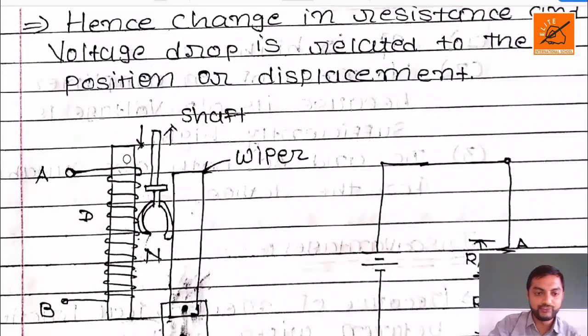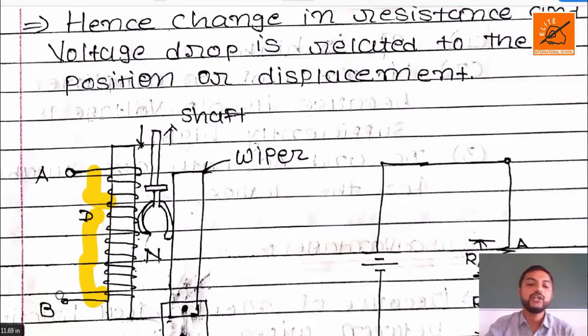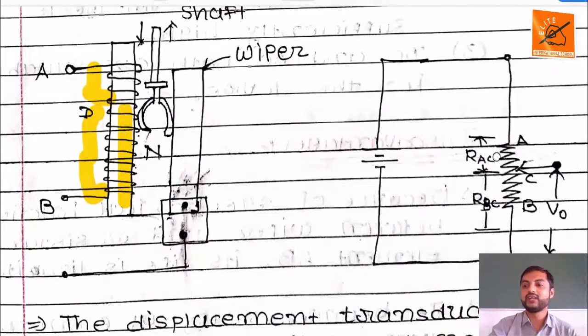If only this much is connected, then the resistance of that part will be small, and this is the non-connected branch, so the resistance of this branch is high because more turns are accommodated. So if I say the resistance is RAC and the resistance is RBC, then you can see it like that.